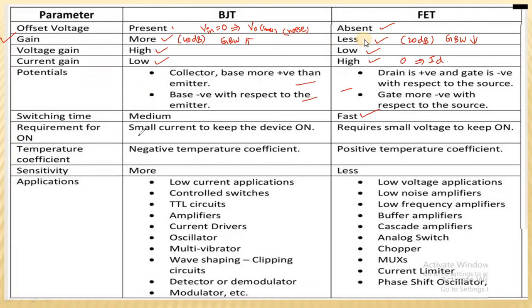A small current is required to keep the BJT device on, and here in FET we require a small voltage, because in BJT the output current depends on the input current, whereas in FET the output current depends on the input voltage. Next, the temperature coefficient is negative for BJT, meaning as temperature increases, resistance decreases.